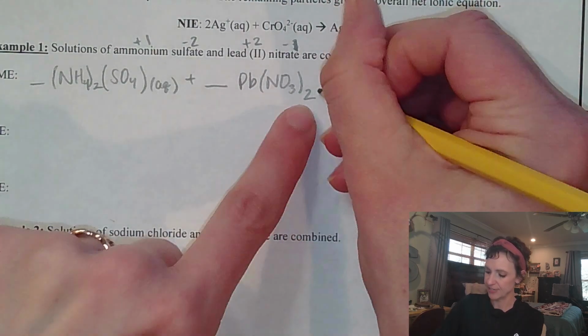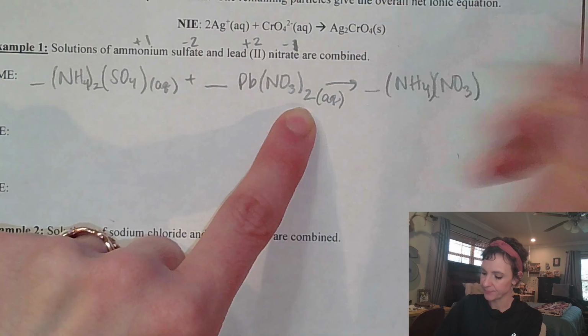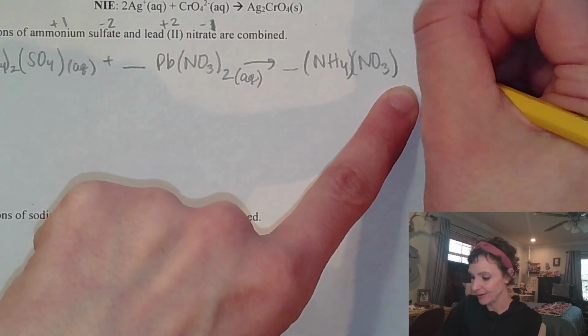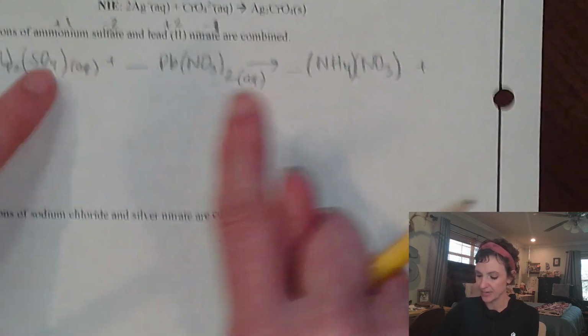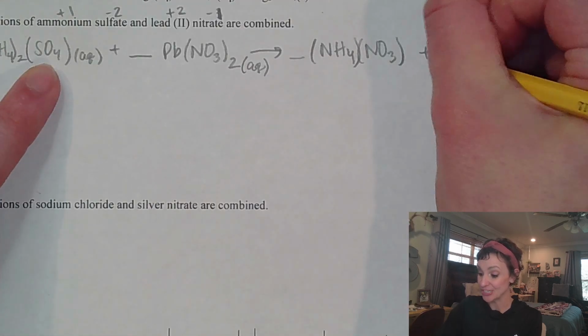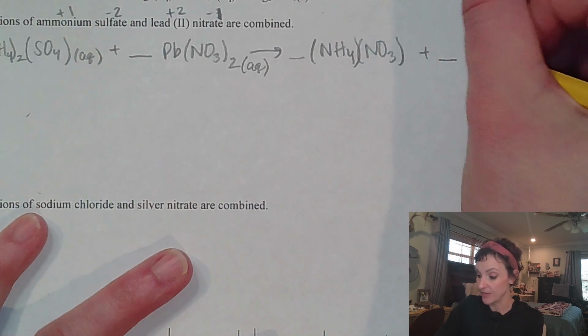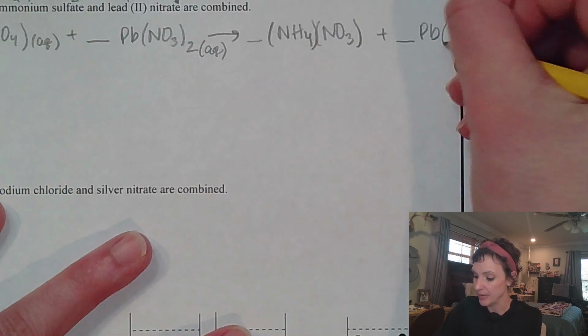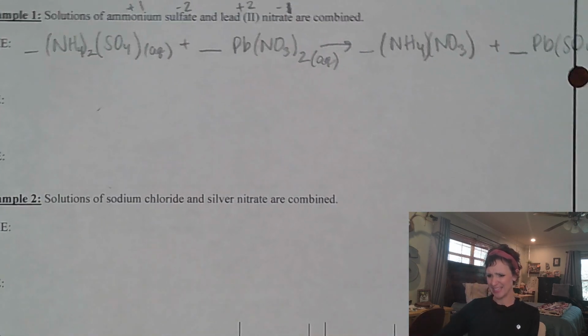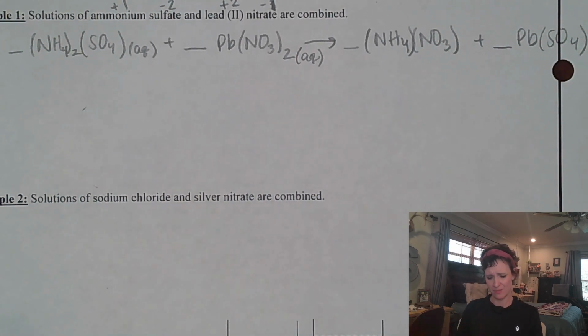First of all, I should have put that as aqueous. I'm going to come back to what state that is, whether soluble or insoluble, aqueous or solid. I'm going to finish my double replacement reaction with lead(II) being paired up with sulfate, charges of 2, which means you have one of each for that ratio. So I have PbSO4. We're going to go ahead and balance this first, just so we can have all that committed down.